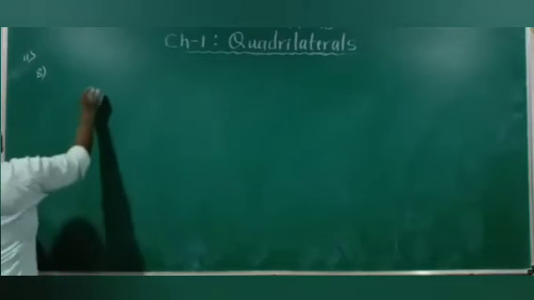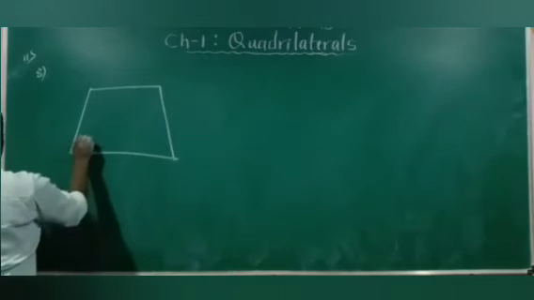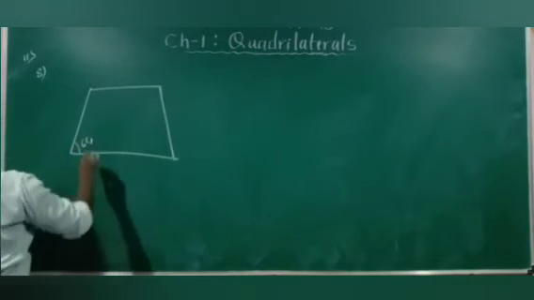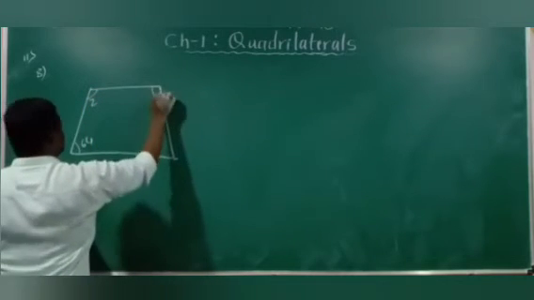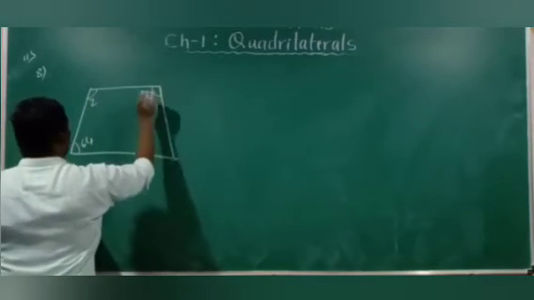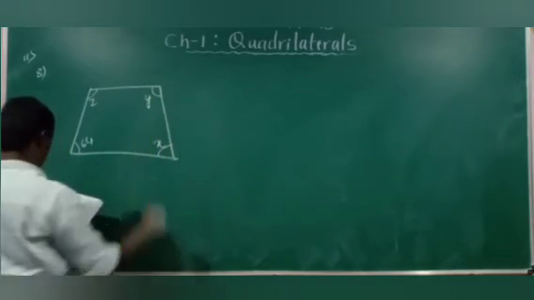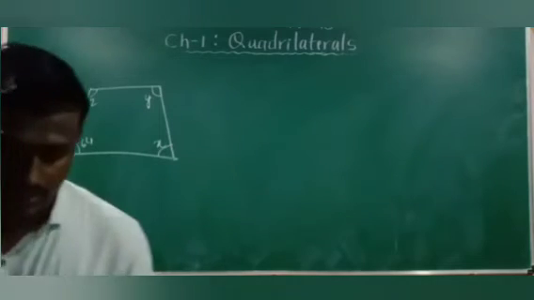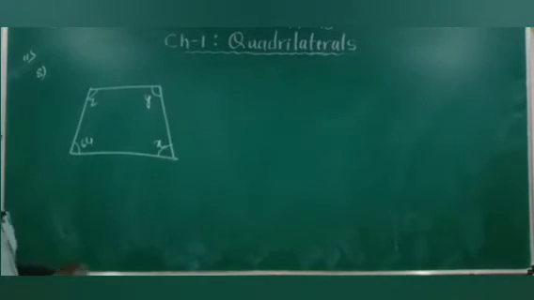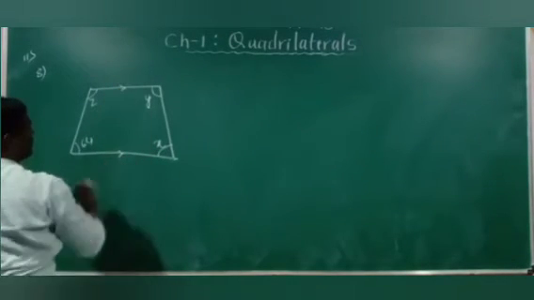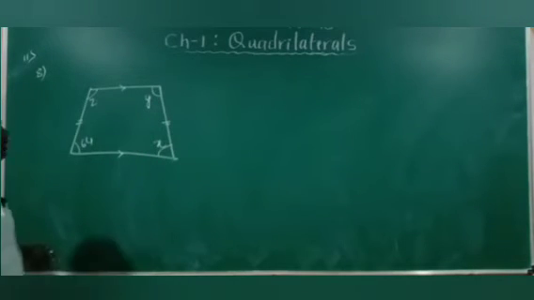In the 8th question they gave an isosceles trapezium. Here this angle is 64 and this angle is some z and this is y and this one becomes x. Isosceles trapezium means one pair of opposite sides are parallel and non-parallel sides are equal in length.